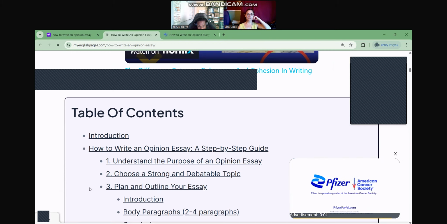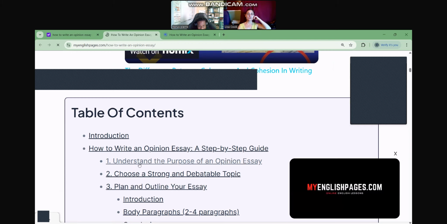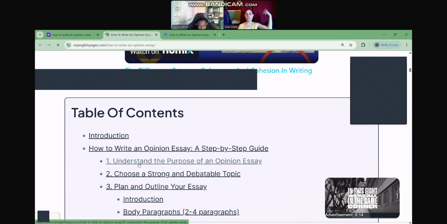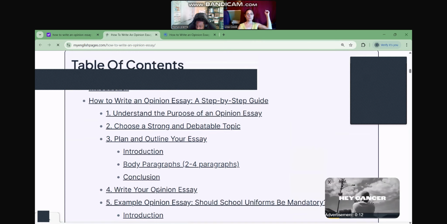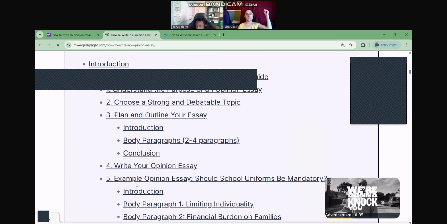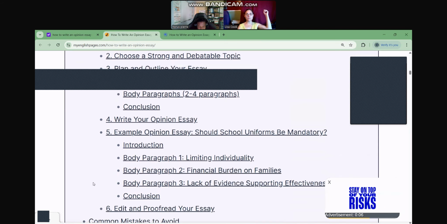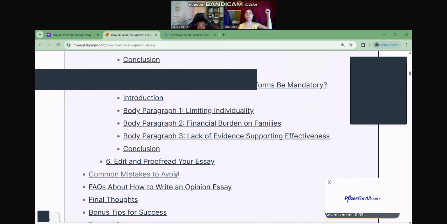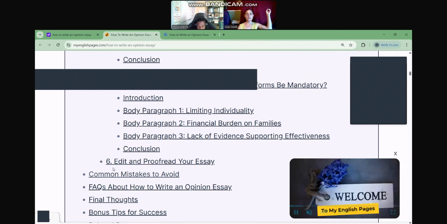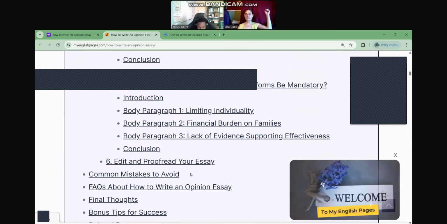Number 3 is your pre-write. So 1, you have to determine your understanding of the purpose. Write your essay and an example essay. So they're giving you an example. Edit and proofread your essay. This is what we've been doing in class.